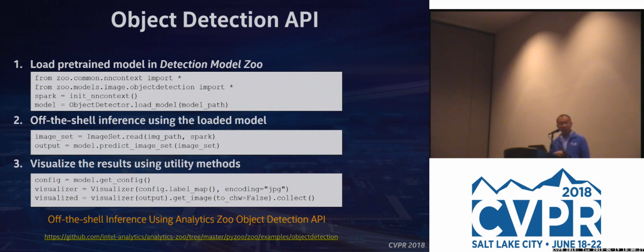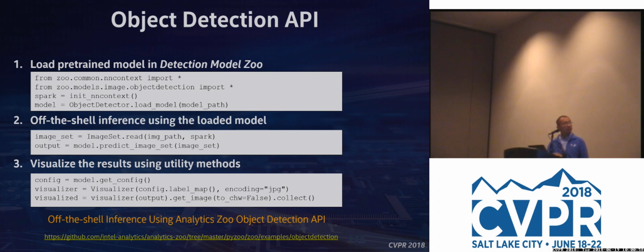So this is a very simple example of how you can use the object detection API in NNFrames to perform off-the-shelf inference. You first load the pre-trained model from the detection model zoo, and then you can do off-the-shelf inference using the loaded model. For instance, you read the data into an image set, and then you just predict to generate an output, and it provides visualization utilities.